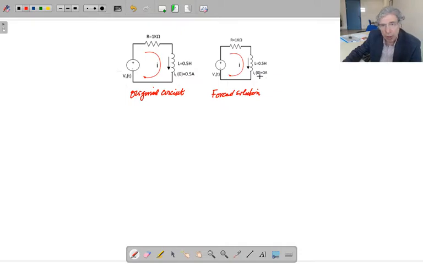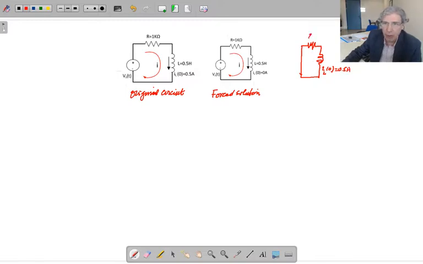If we consider the other energy source, that means the initial condition, and make this independent voltage source inactive, that means make the voltage equal to 0, we have a resistor here and an inductor here. And that inductor has an initial condition IL(0), which is 0.5 amp.